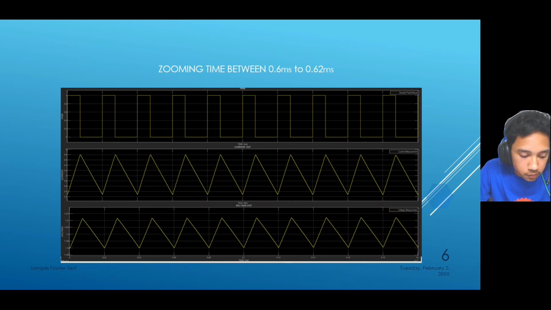The minimum voltage produced by the circuit is 1.19 volt, while the maximum voltage produced is 1.213 volt. For current, the minimum value produced is 3.3 ampere, while the maximum current is 4.8 ampere.